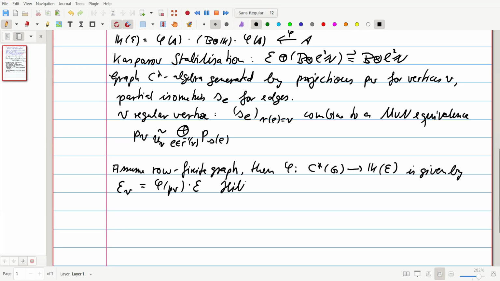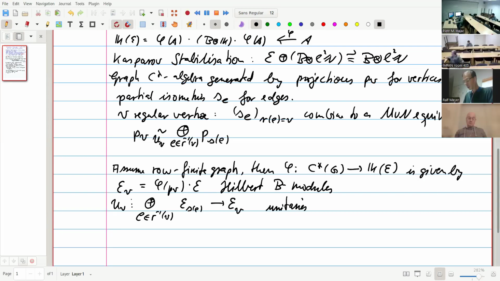So these are Hilbert B-modules. And I also have these unitaries U_V, which would be a unitary from the direct sum over all these E of source of E. Maybe there are too many E's in my talk. There's the little e, and then there's the Hilbert module curly E. So these would be unitaries.